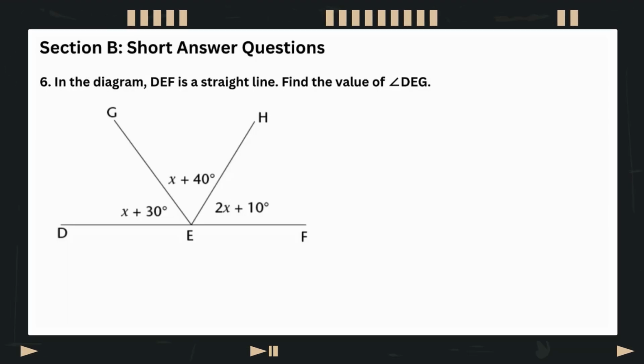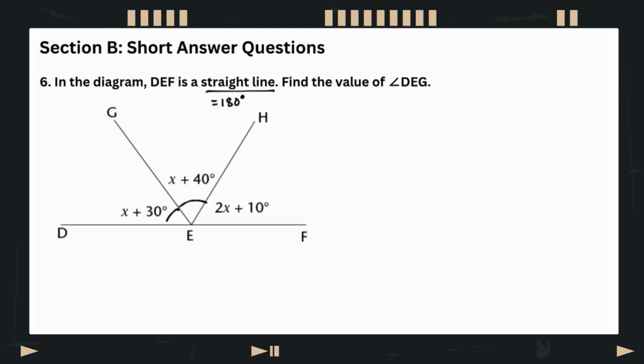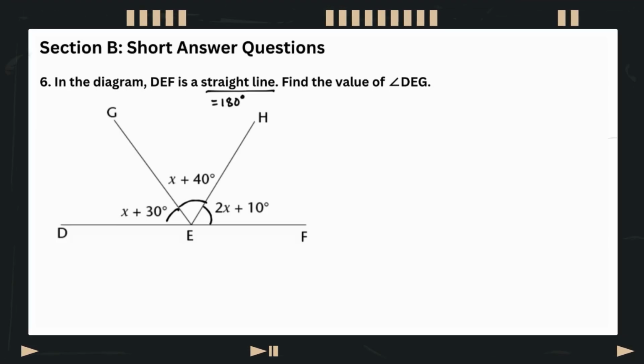Question 6. In the diagram, DEF is a straight line. Find the value of angle DEG. When you say a straight line, the sum of the angles that make it is equal to 180 degrees. Therefore, angle DEG plus angle GEH plus angle HEF are all equal to 180 degrees.